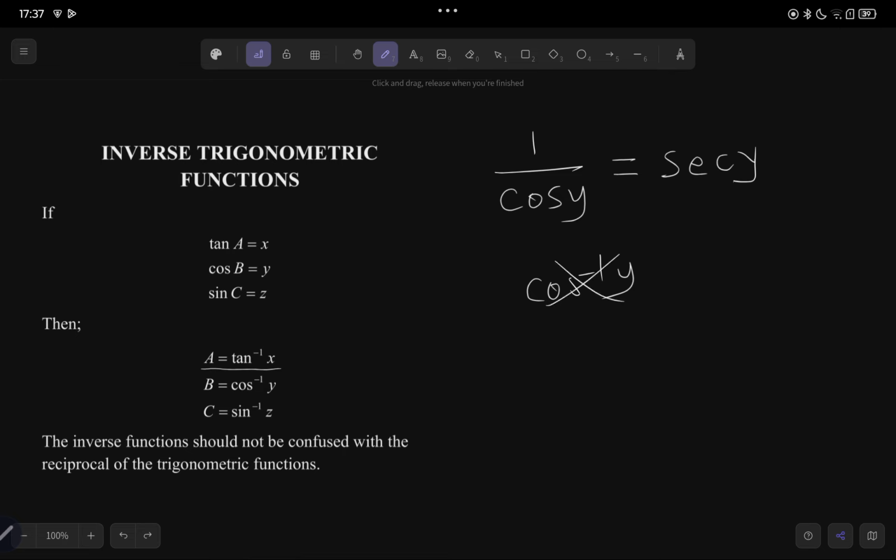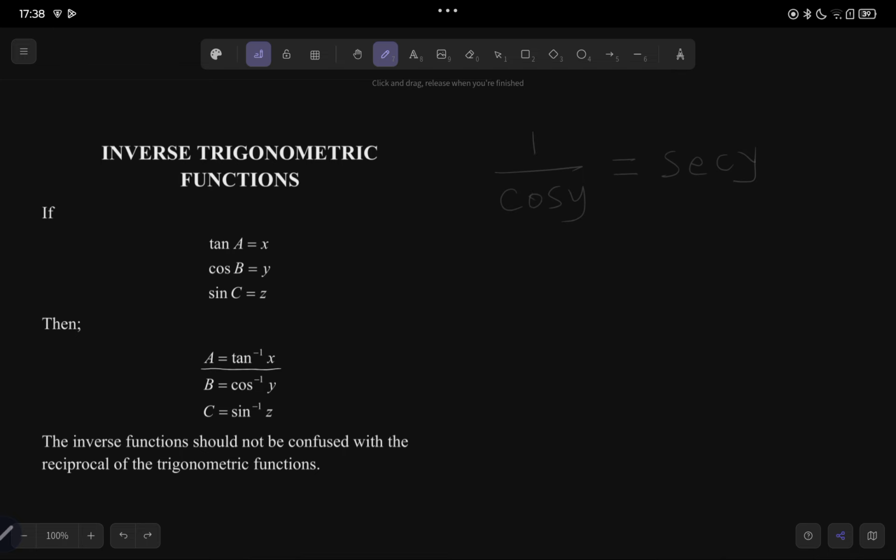So these two are different things. The reciprocals give us sec, cot, cosec, and so on. But these inverse functions are actually functions that obtain for us the angle when we are given its trigonometric function.